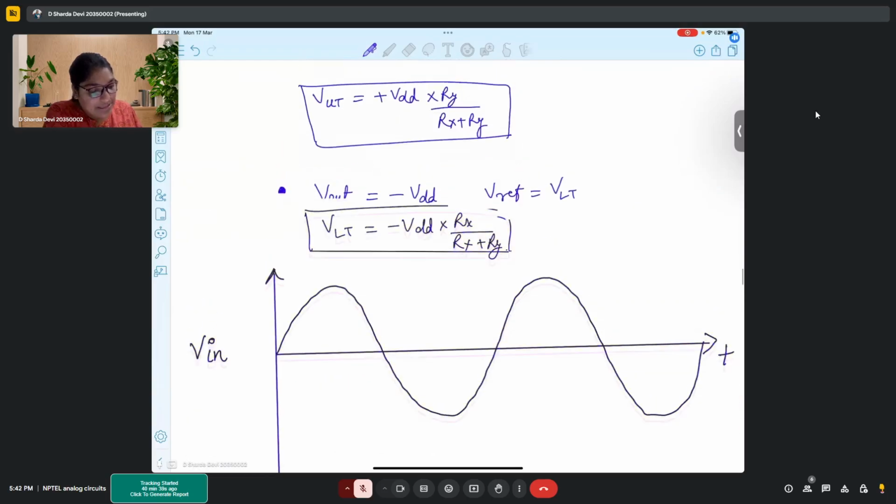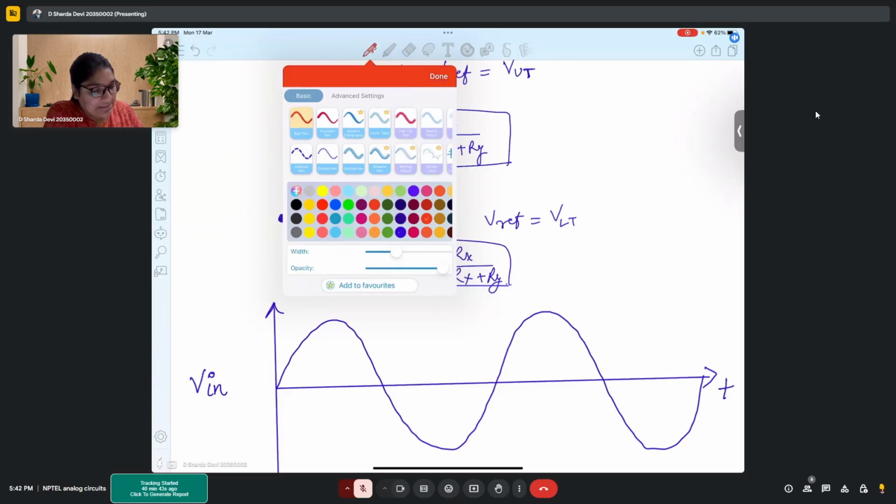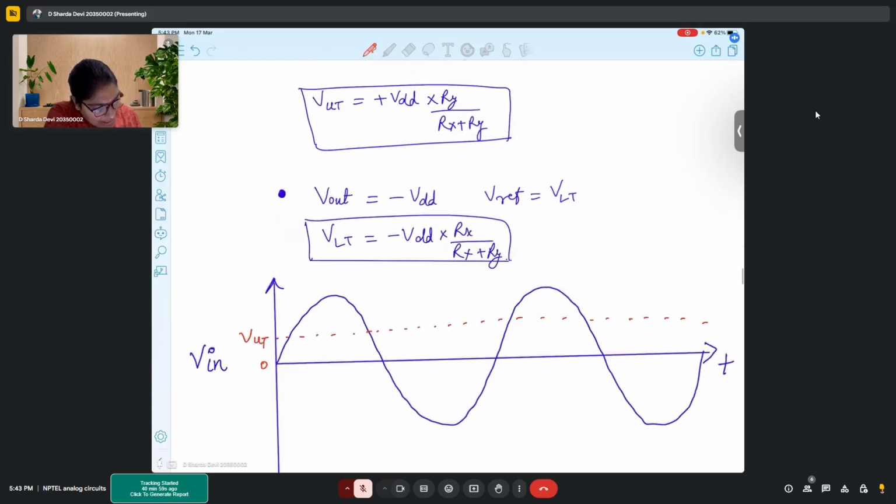We already saw that there are two reference levels, VLT and VUT. Definitely VUT is greater than 0, since this is the 0 level. So let's say VUT comes out here. This is VUT. And VLT will be less than 0, so VLT will come here.